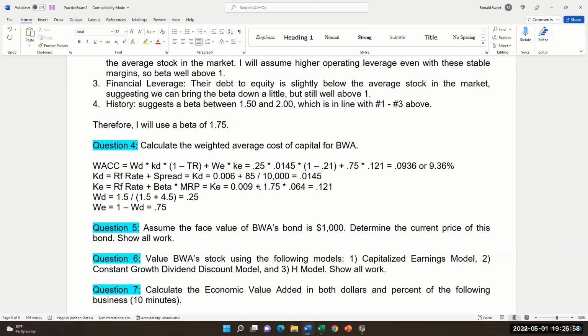So 0.25 times 0.79 times 0.0145 plus 0.75 times 0.121. 0.0936, that looks good. 0.009 plus 1.75 times 0.064.